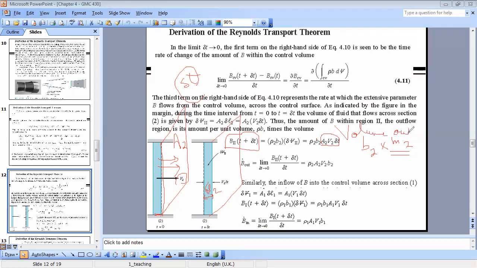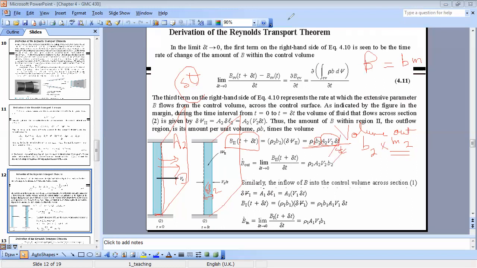And then I multiply it by rho to get the mass that is going out, and by small b, because each property, big B, is defined as small b, which is the property per unit mass, times the mass. So now, if you look at my expression, what I am interested in is the term B over delta t. So I will divide this term by delta t. When I divide, delta t will cancel out.